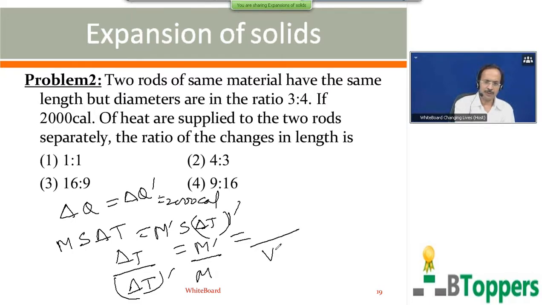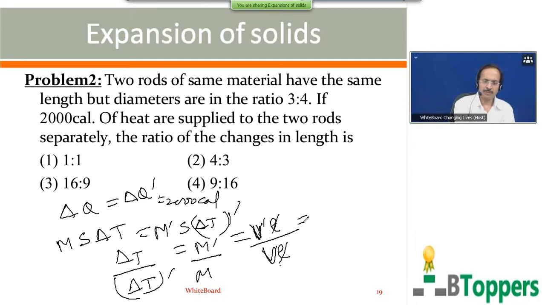Mass of the rod is equal to volume into density. Both the rods are made up of the same metal, so density is the same, but volumes are different. V is the original volume of the first rod, V dash is the original volume of the second rod.